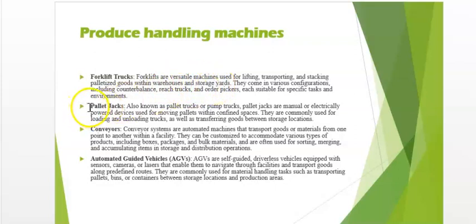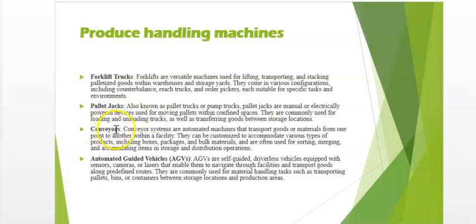Another, we have the pallet jacks. They are also known as the pallet trucks or pump trucks. So they are manual or electrically powered devices used for moving pallets within confined space.